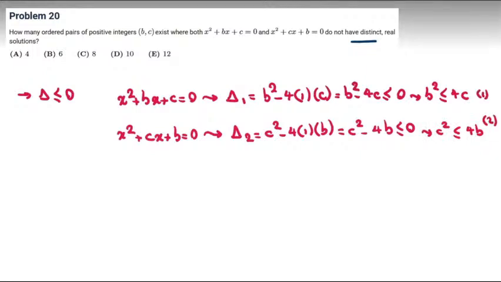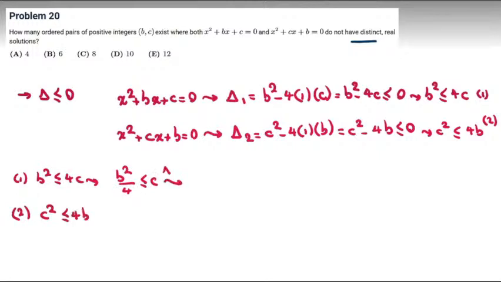From the first one, I know b squared is less than or equal to 4c. If I divide by 4, I can say b squared over 4 is less than or equal to c. From the second one, c squared is less than or equal to 4b. So if I raise this to the power of 2, because they are positive integers you can do this, b to the 4 over 4 squared, which is 16, is less than or equal to c squared.